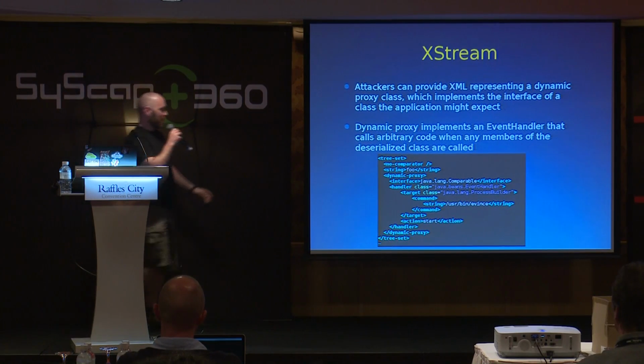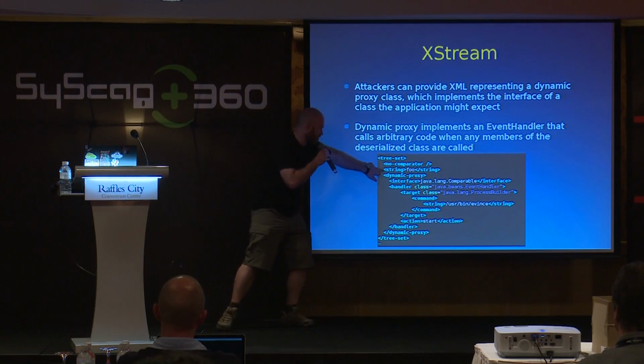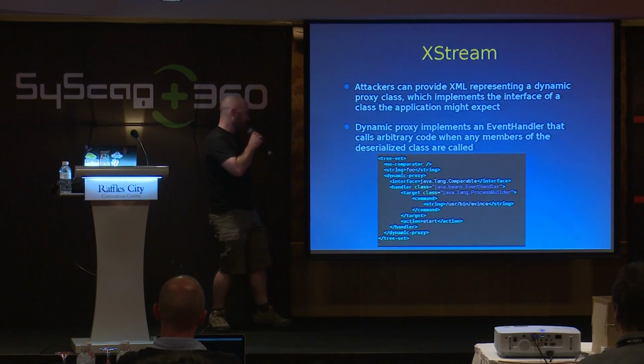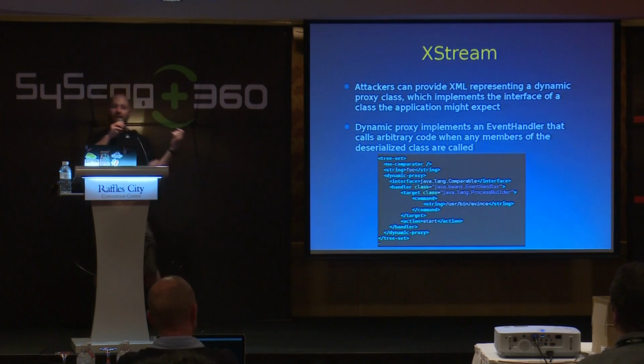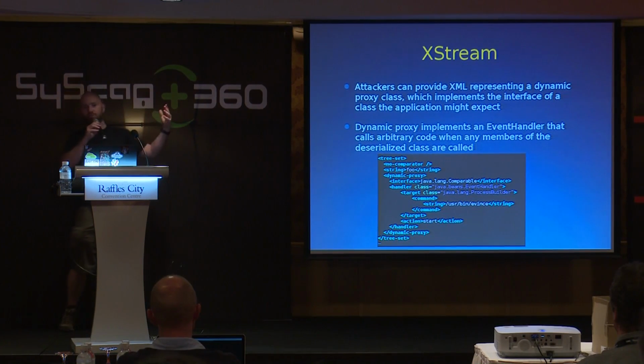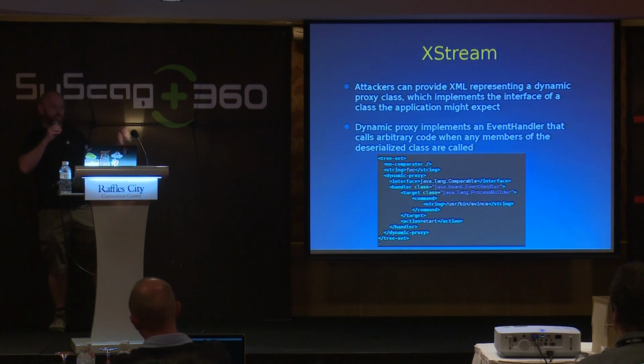So you give it a TreeSet with just a string element in it, just for funsies. And then the second element is a dynamic proxy, which uses this invocation handler called EventHandler. The invocation handler is the piece that says, whenever I'm implementing this interface called comparable, whenever any of the methods on that is called, no matter what their method signature is, and if there are arguments they just fall on the floor, I am going to do the following thing.